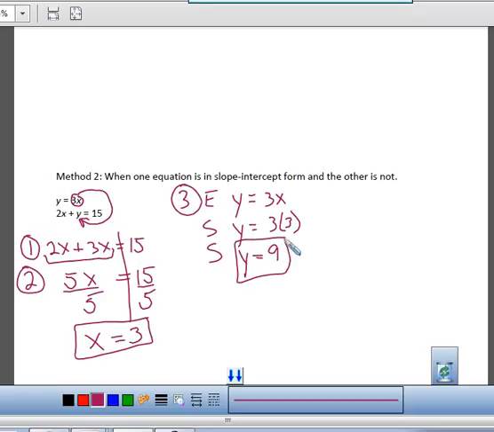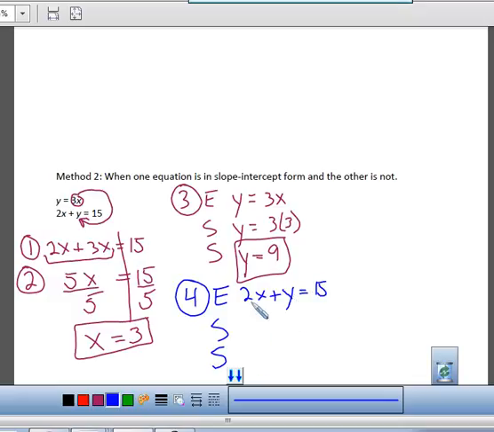So I have my other half, but to make sure that it works, I have to substitute it into my other equation. This time I'm going to use 2x plus y equals 15.